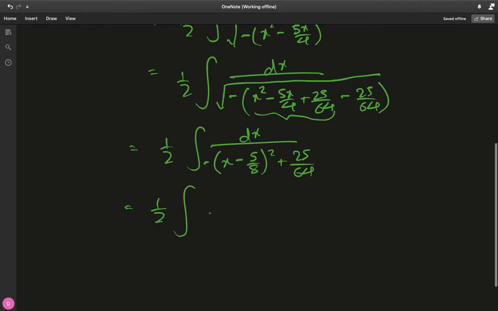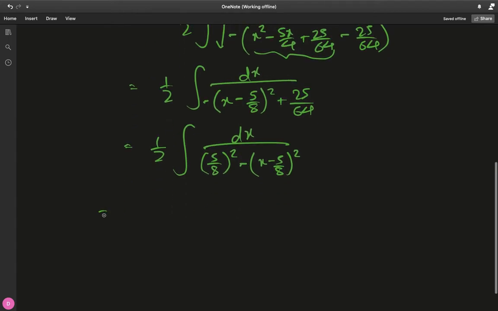So we have half an integral of dx over 25 over 64 is 5 over 8 whole thing squared minus x minus 5 over 8 the whole thing squared. So this is basically our integral, and we actually had a formula for this under root. I'm forgetting the root every time.